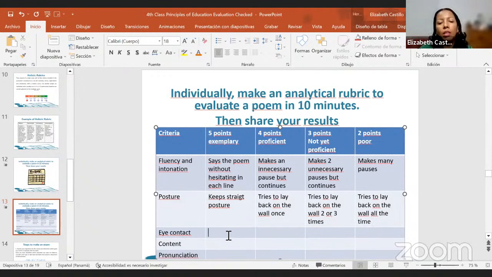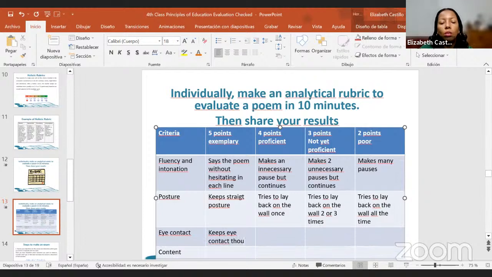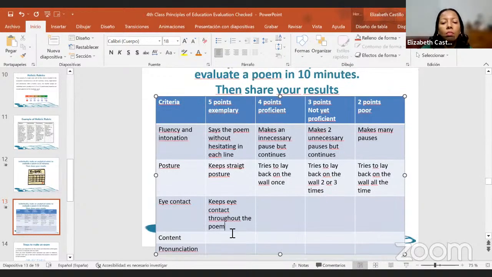Eye contact: keeps eye contact throughout the poem. Well, we can hear maybe sometimes people look down more than twice. Looks down or looks at the floor.